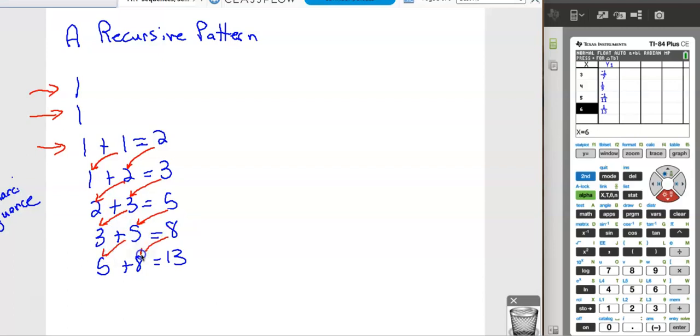You can keep doing the exact same thing, just literally the next number and this next number, add them together, finding the next number once you notice the pattern. So that's what a recursive pattern is. It uses the previous number in some way, not necessarily this way, but in some way that a recursive pattern uses the previous number. So I want you to be aware of that word.